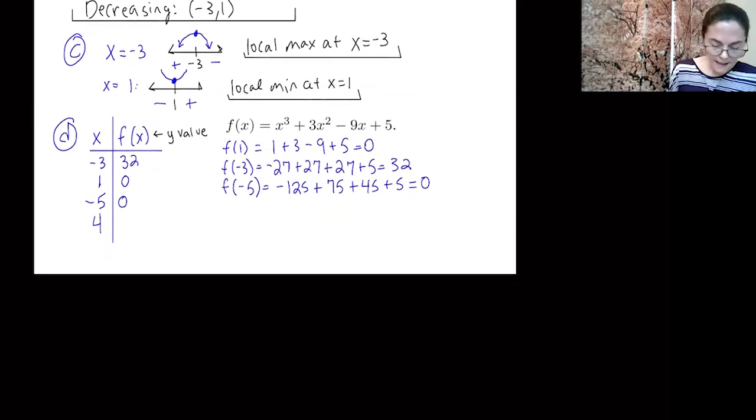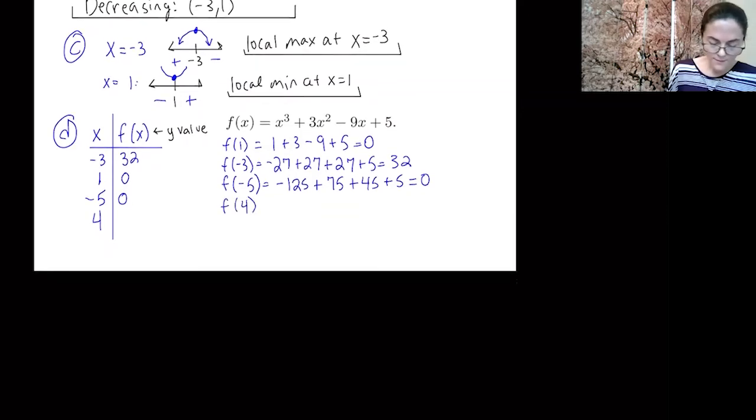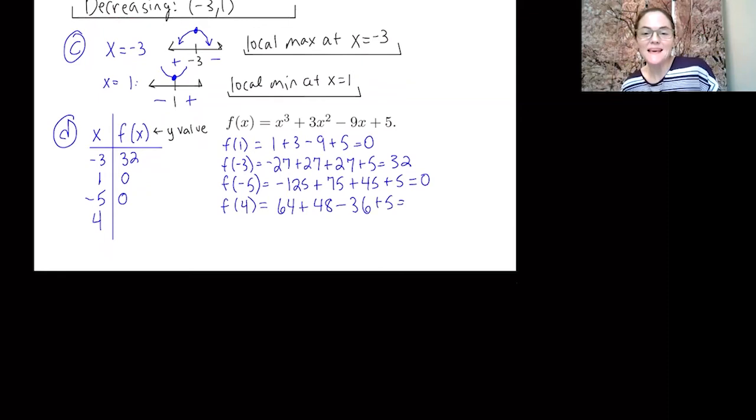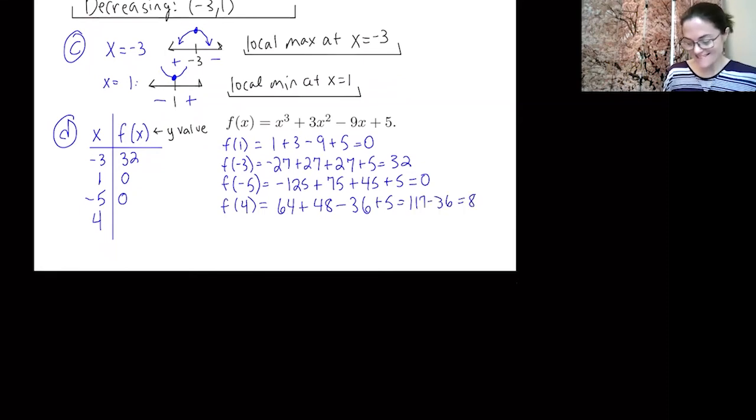And finally, f of 4 is 64 plus 48 minus 36 plus 5. This gives me 117 minus 36, which is 81. Okay, 81.